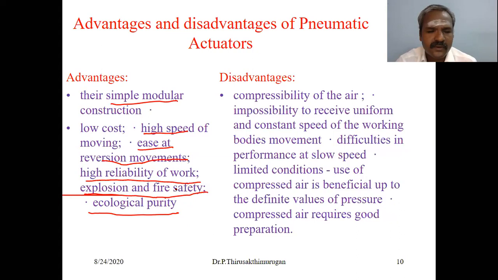The disadvantage is the compressibility of the air, which is the major disadvantage. Other disadvantages are the impossibility of receiving uniform and constant speed of the working body's movement, difficulties in performance at low speed, and limited conditions of usage.